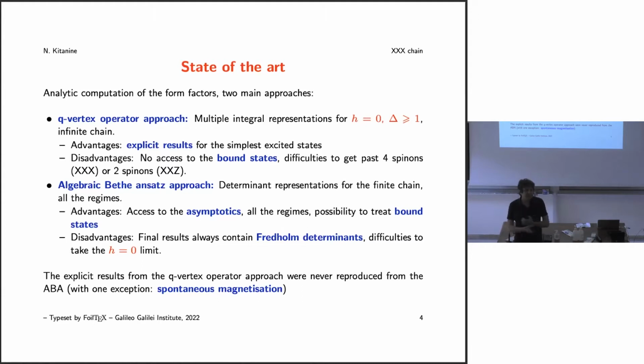And for example, we could not reproduce results from the Q-vertex operator approach, which was sort of strange because for the multiple integral representation of correlation functions, it was one of the first things we have done. We compared two approaches. We have shown that they're equivalent. But for the form factors, it remained impossible for a very long time.